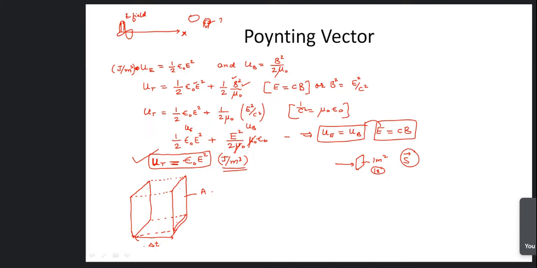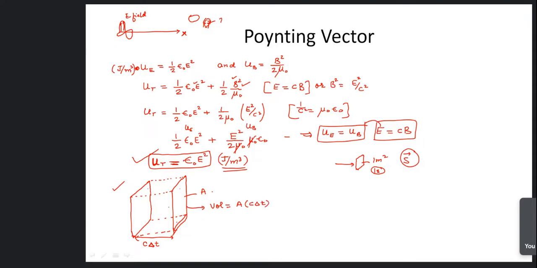And the speed of electromagnetic wave in free space, this we are doing for free space, is c. So c times delta t is the separation between these two plates: time taken times velocity of the electromagnetic wave. So the volume of this region, in which we want to look at the electromagnetic wave, is the area of each plate times the separation between the two plates. This is the volume between these two plates.